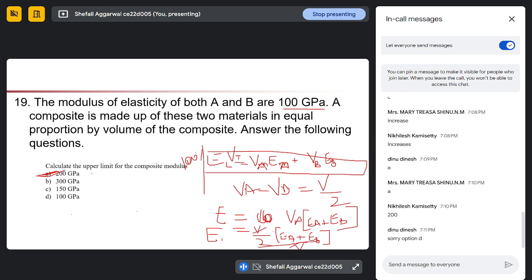Your answer will be EA plus EB by 2, which will be equal to 2E by 2, which is equal to 100 GPa. The answer is D.